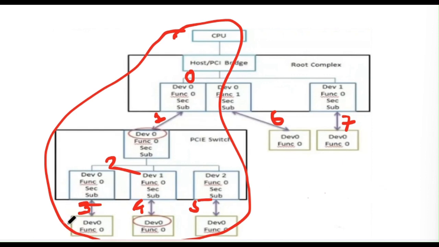What will be the BDF for this device? 3 is the bus number, the device number is 0, and the function number is 0. So the BDF will be 300 for this.